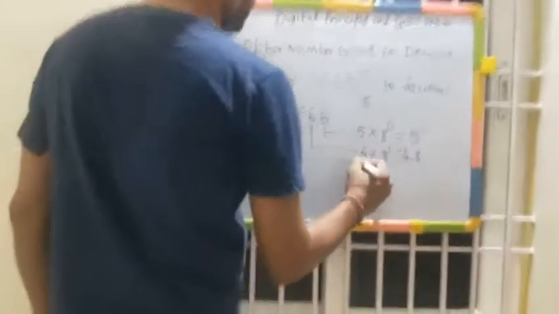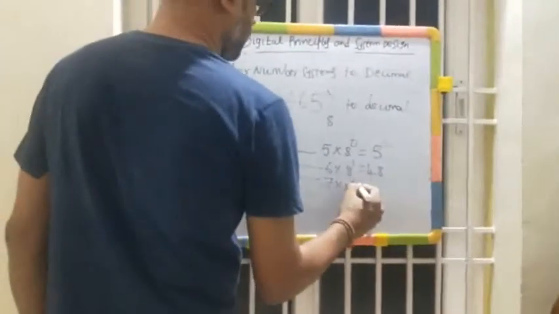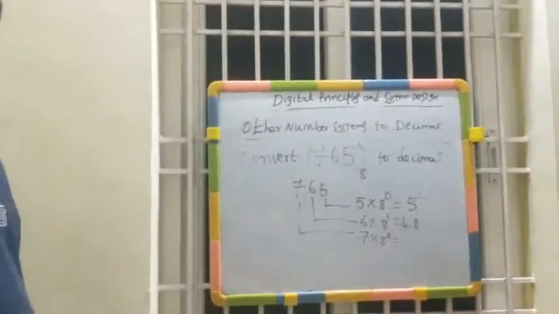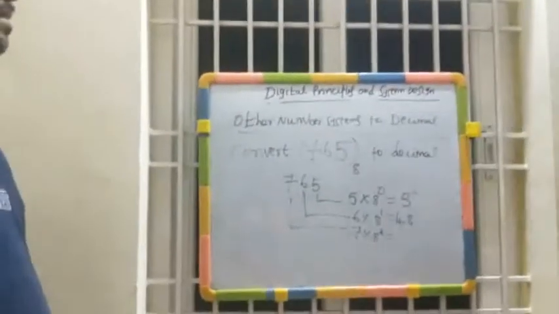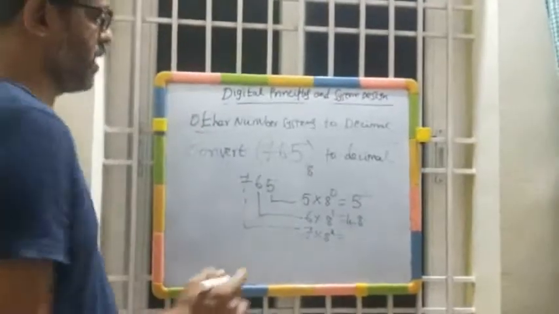And then 7 into 8 square, which is nothing but 7 into 64. What is 7 into 64? 4 sevens are 28, 6 sevens are 42, so 448. Yes, exactly. 448.